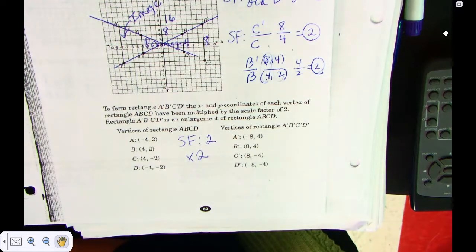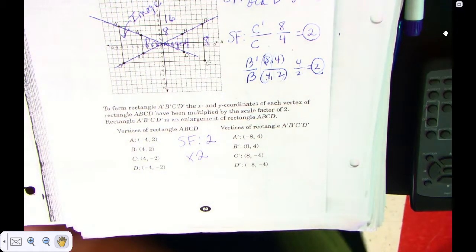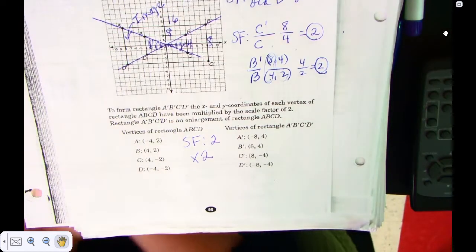You divide the new by the old, either the dimensions or the coordinates. A lot of times I just do the coordinates because they're easier than having to count, and on some grids you can't tell what it is. Okay? Does everybody remember that now? Sure? Okay.